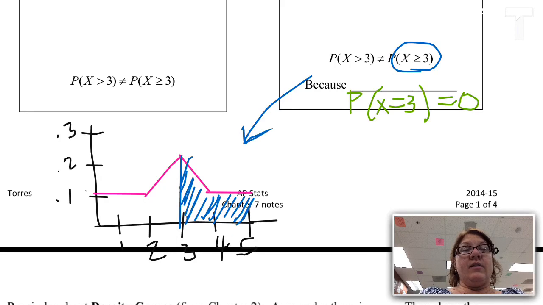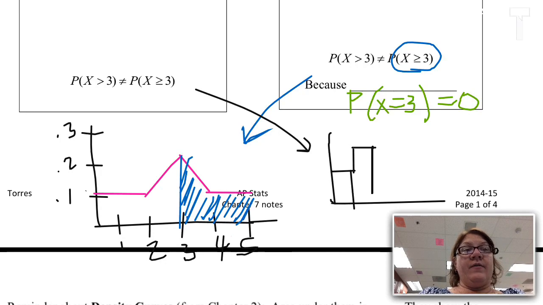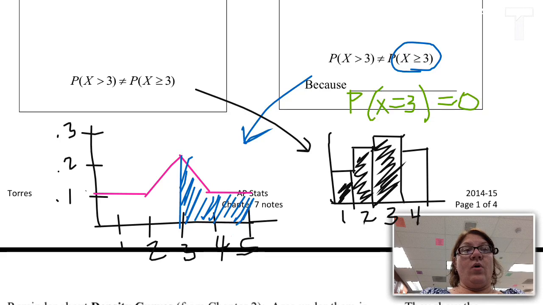But when I look at discrete random variables, and we're going to start looking at their graphs, they're going to end up being bar graphs, and each one is going to represent a single number. So this is the 3s, this is the 2s, this is the 1s, and I could put some probabilities on here.